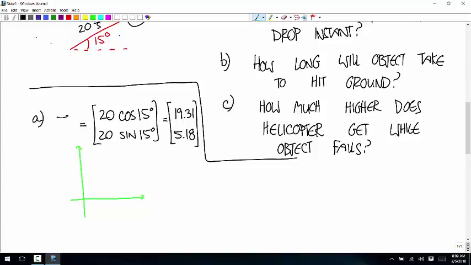Yep, that's exactly right. Even though this object is just dropped from the helicopter, its path is going to look something like that because it's starting with a vertical component of velocity. You know what I mean?